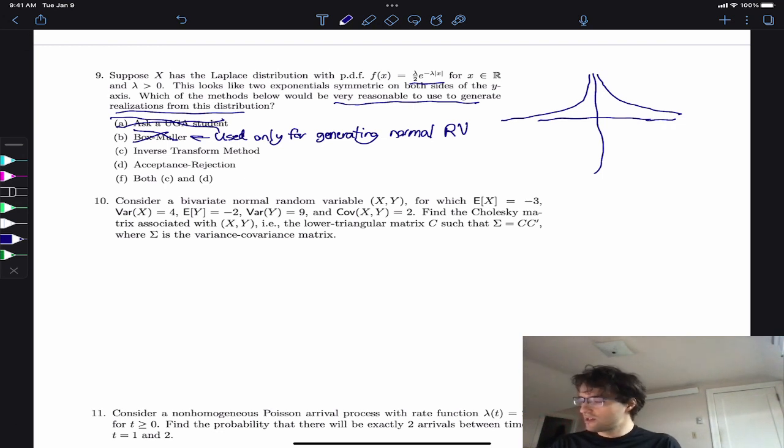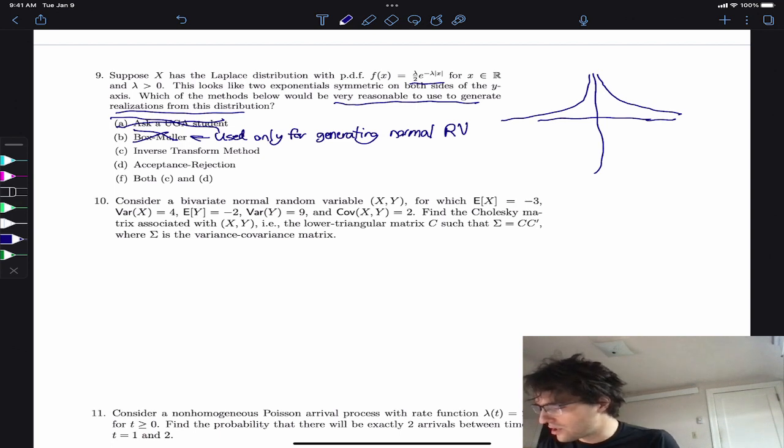In order to use this one, you have to be able to get the CDF in a nice, easy, closed form. Not only that, but you then have to be able to take the inverse of it, also in closed form. And in this case, that is actually very doable.